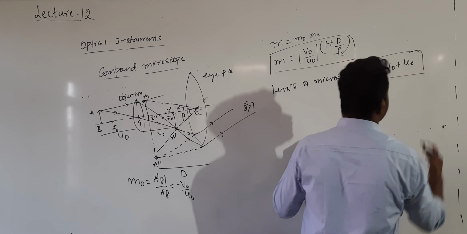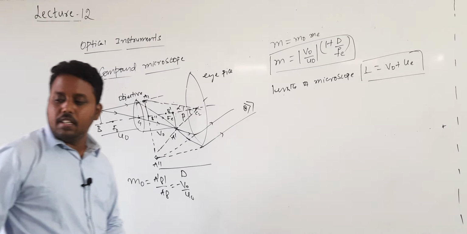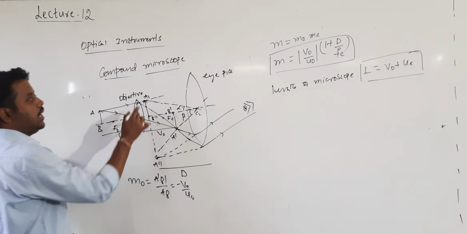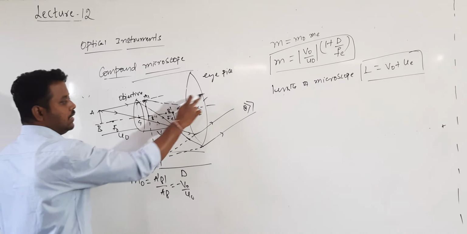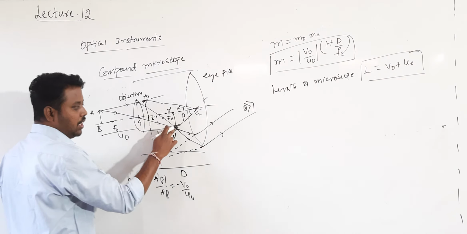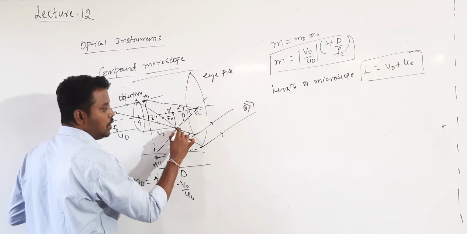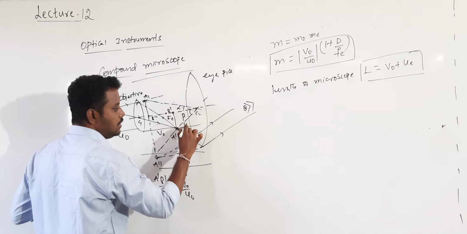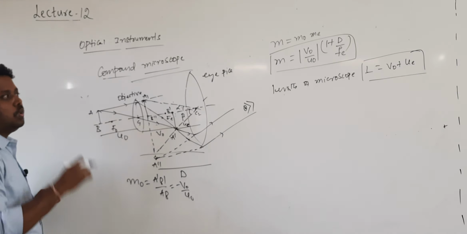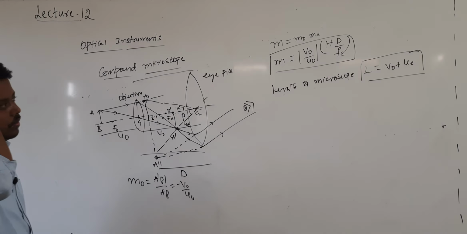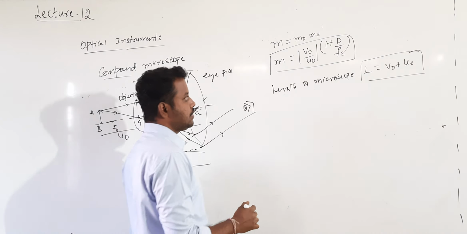What is v0? If I want to calculate the length, it is the distance between what and what? Objective lens and eyepiece. From here to here the distance is v0, and from here to here the distance is the eyepiece object distance, given by ue. So the total length of the microscope L is v0 plus ue.